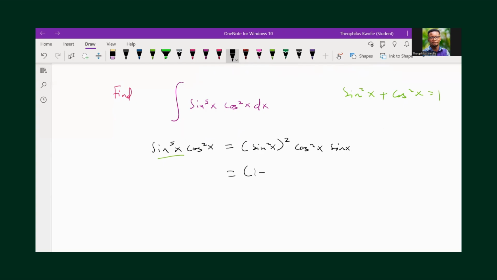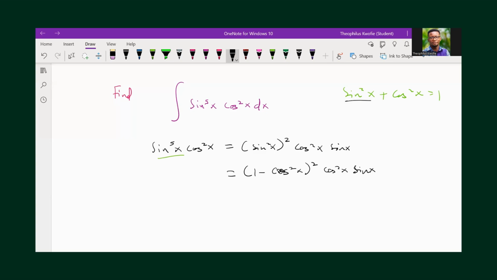To get this expression, I just have to move the cosine squared to the other side, and by moving that, I should have 1 minus cosine squared x, all squared, times cosine squared x, sine x.